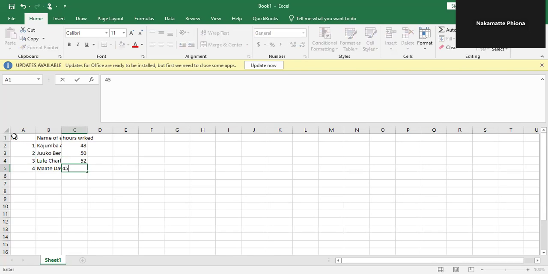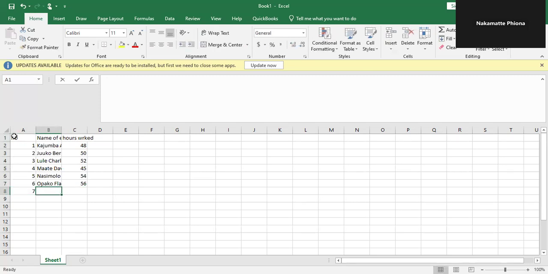David worked 45. Then five, we have Massimo Emily. Emily worked 54. Six, we have Opoko Lavia. Lavia worked 56.